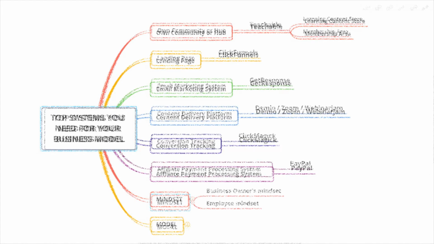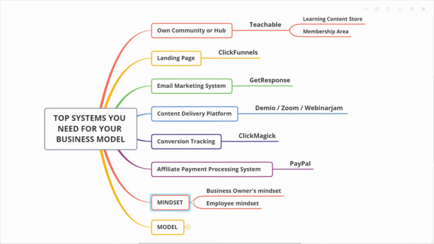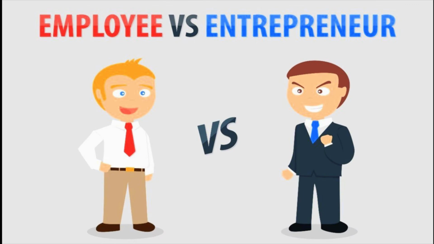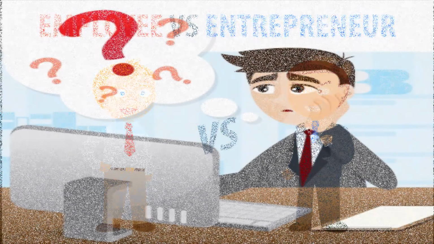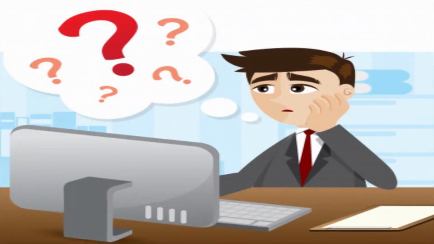Now we will understand what patterns are running in your mind. In this case, you can think either like a business owner or like an employee. If we consider the investment in the systems which we have seen now, the employee mindset will think, oh no, that's too expensive, or I can't afford it.